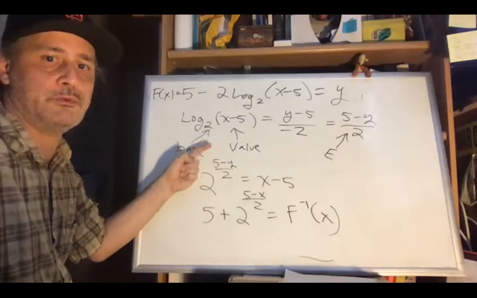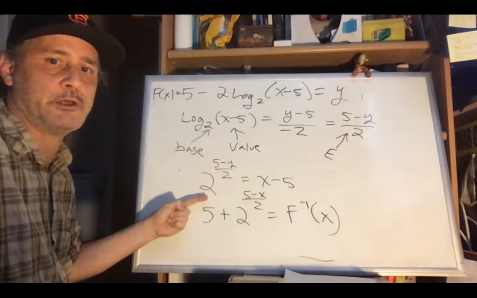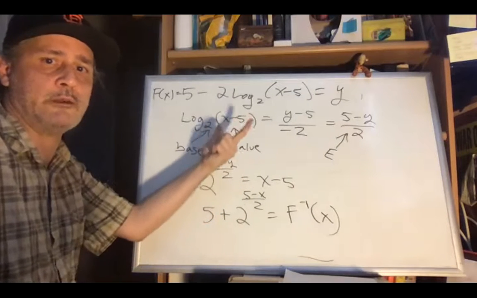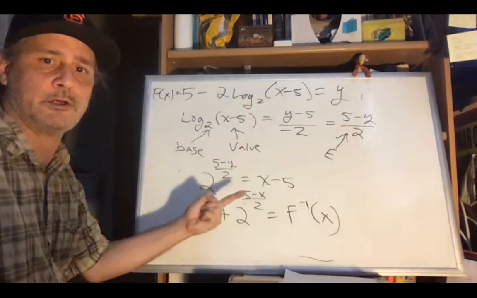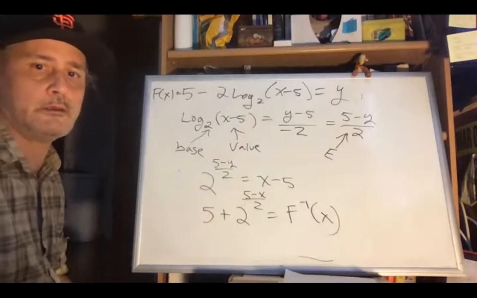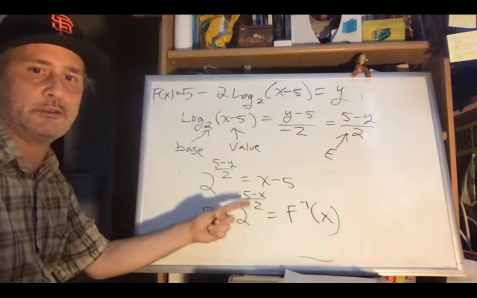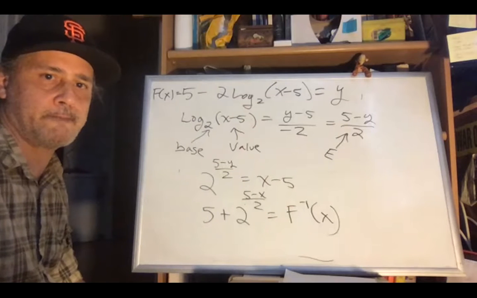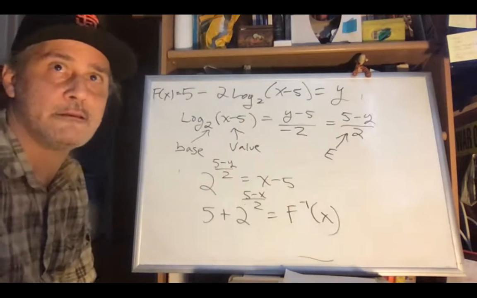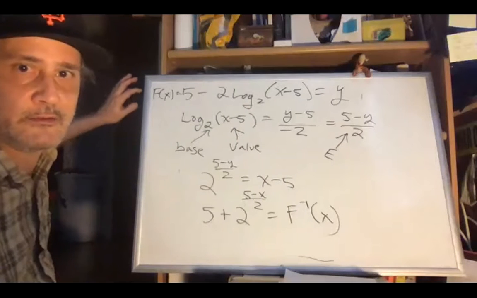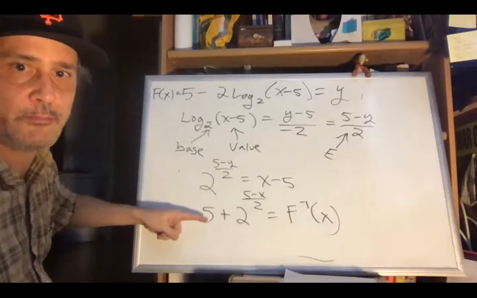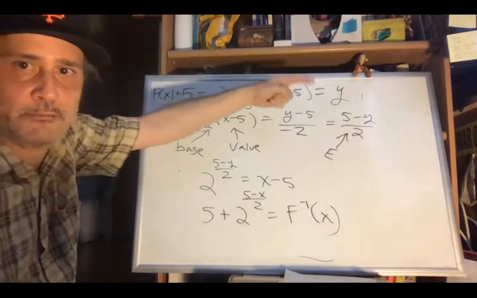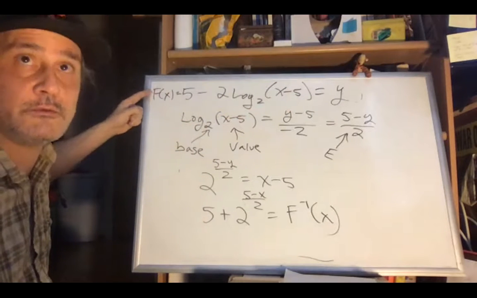Our base is 2, so 2 is going to be raised to that exponent expression, and that's going to equal the value, which is x minus 5. So whatever's in the log is what the base expression is going to equal. And then I just added 5, and switched this to the x so that we can use the inverse notation. So this is the inverse of that log. This is the inverse function on the bottom of the original function. And then I erased and put a y there, but that was originally the function notation.